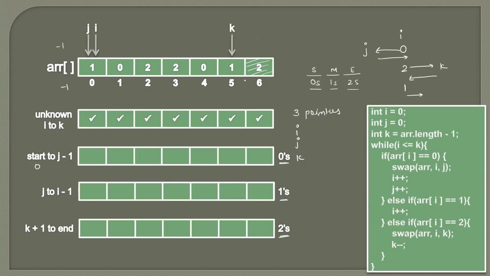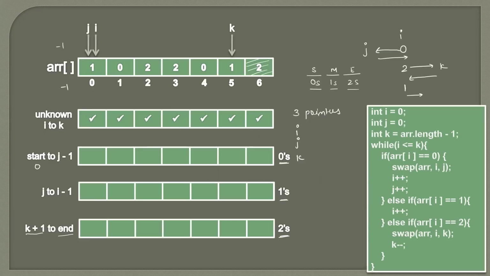So k comes here. Now here you can see as k is here, we know that from k plus 1 to the last index we have 2. So here we will see this range at every moment of this while loop, and we will figure out where this tick will go.